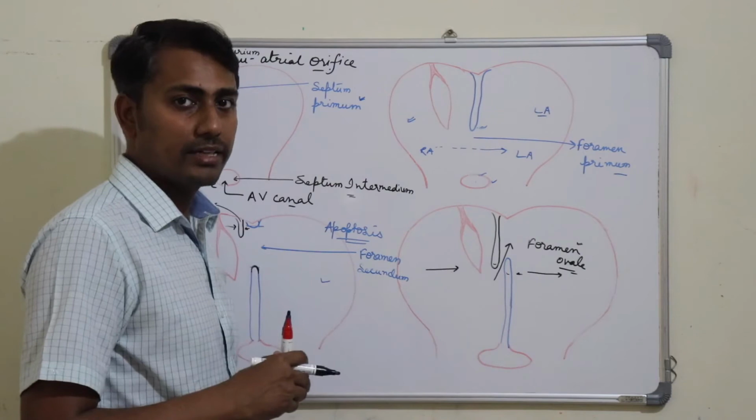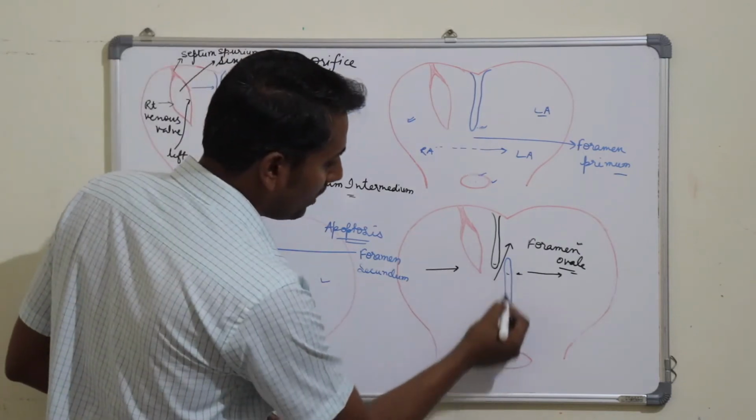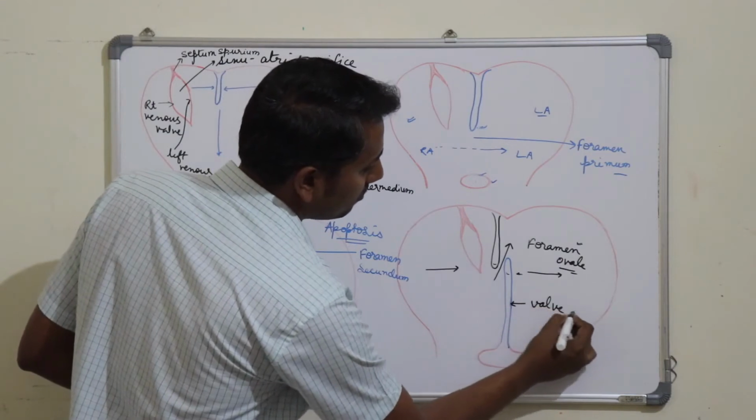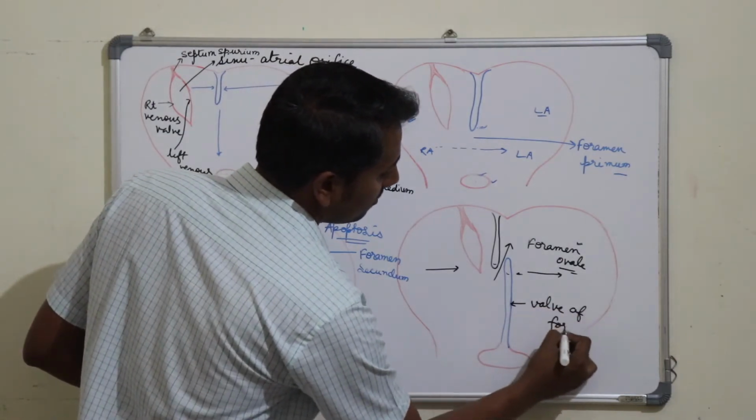Points to be noted here are that this remaining lower part of the septum primum is also called as valve of foramen ovale.